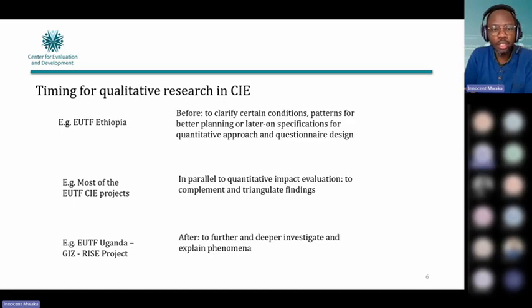The qualitative went in the field when there were already some results that we knew from the quantitative side that needed a little bit more explanation. So these are the different timings that you can say, okay, in this case, let us roll out the data collection.